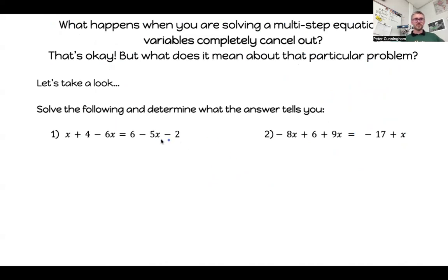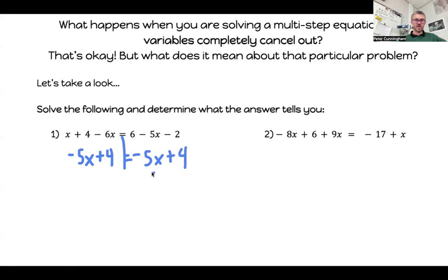All right, so some of these get a little different. Negative 6x plus x, so we have negative 5x plus 4 equals negative 5x. What's 6 minus 2? It's also plus 4.